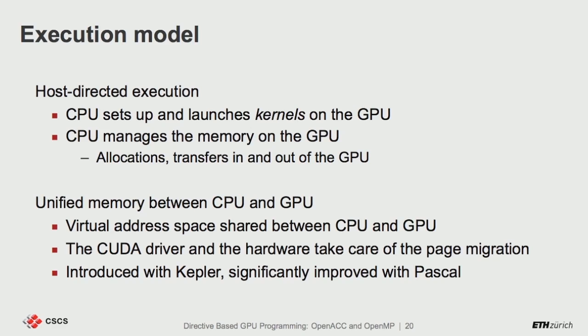Today, this is quite efficient with Pascal, because the driver and hardware on the GPU handle page faults. So you can do normal mallocs, and when you access a page that's not on the GPU, this page will be transferred to the GPU. It really erases the data management. Although it may be needed in more advanced cases, this is quite a nice feature.